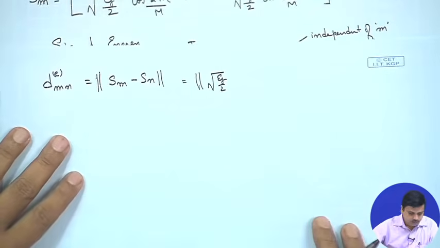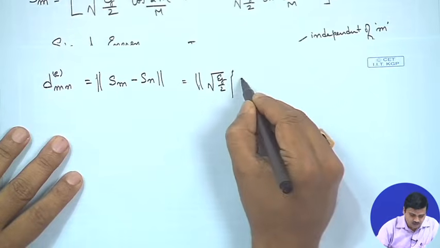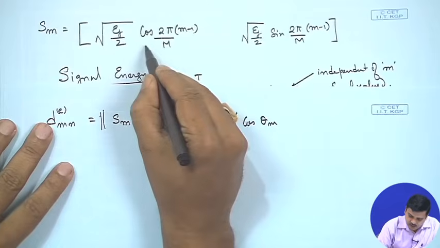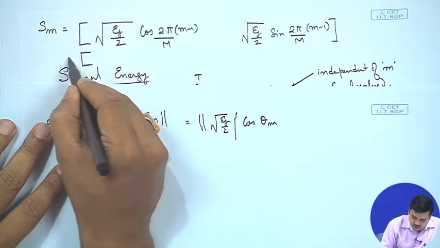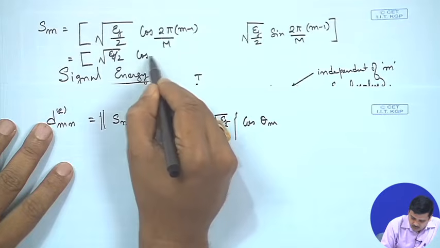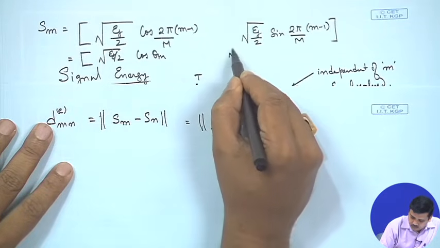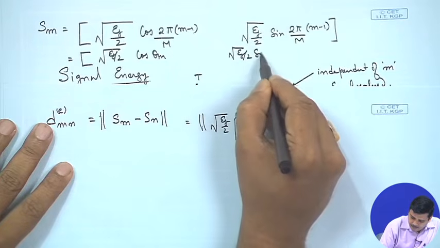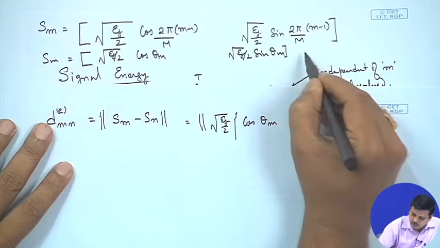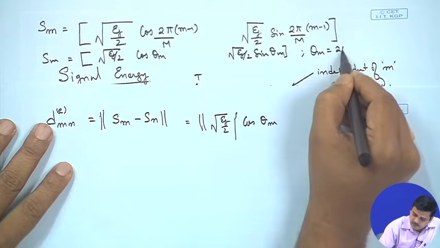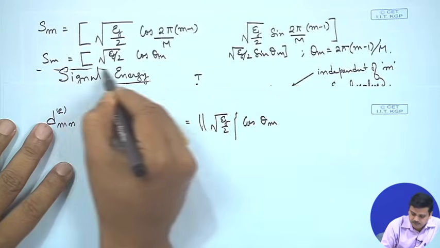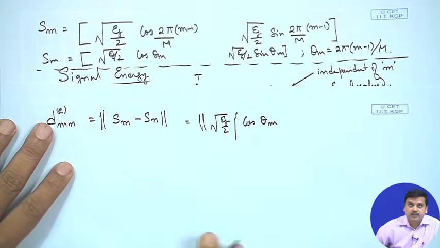and we can continue. So, what you are going to have is cos theta m, where theta m is 2 pi (m minus 1) by capital M, that is it.